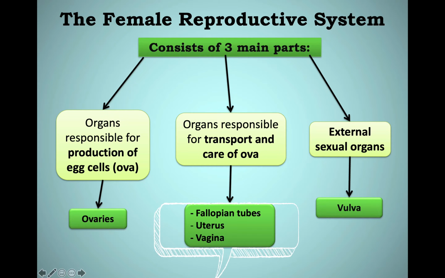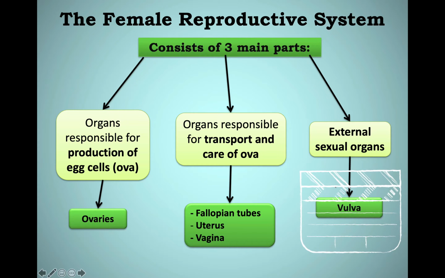And once the fallopian tubes pass these ova to the uterus, you'll find that it is there in the uterus where the carrying of the ova will take place. Then we also get the vagina that plays a role in this area as well. Then we get the external sexual organs, and this is the vulva.